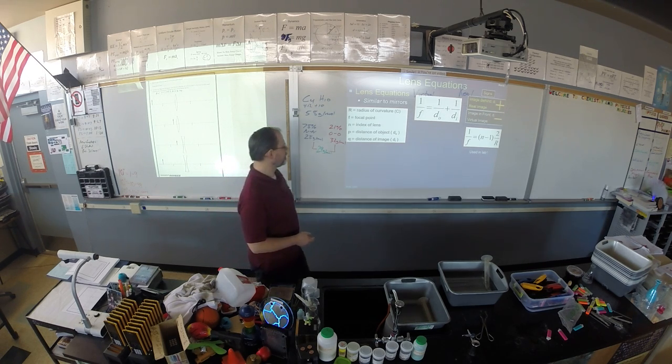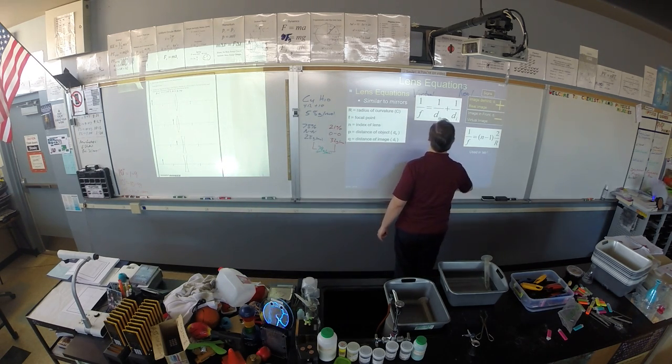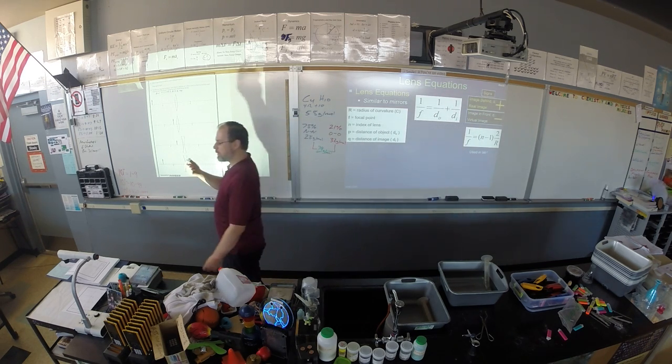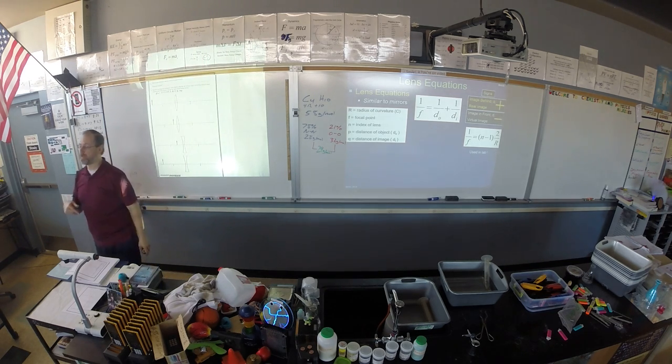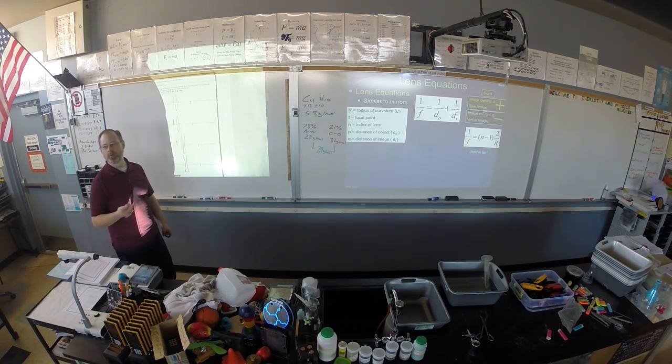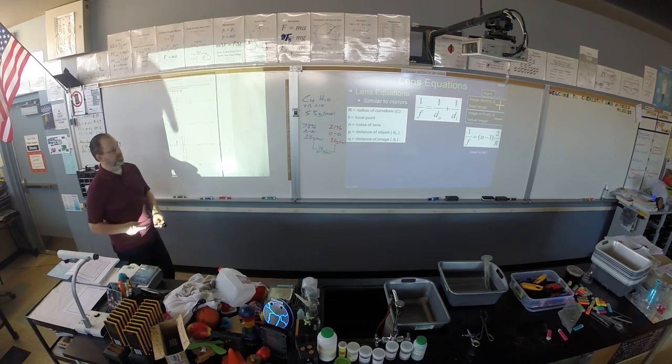The image, if it is virtual, will get a negative DI, and if the image is inverted, the HI will also be negative. And the focal distance will be positive or negative depending on where it is. I'll explain that in a little bit when we do our ray diagramming.